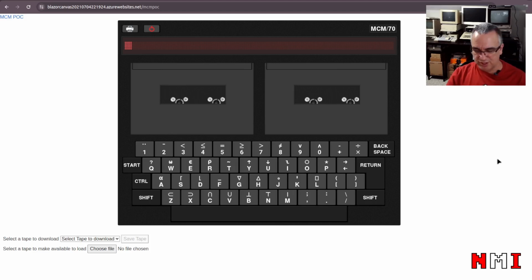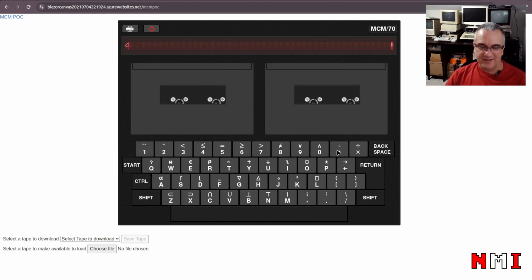Let me see what we can do. Well, as I mentioned previously, we are now in the execution mode. So if I type 2, what is the key for plus? Oh, it's here. Plus 2, enter. 4, right? So it's in an interactive mode.